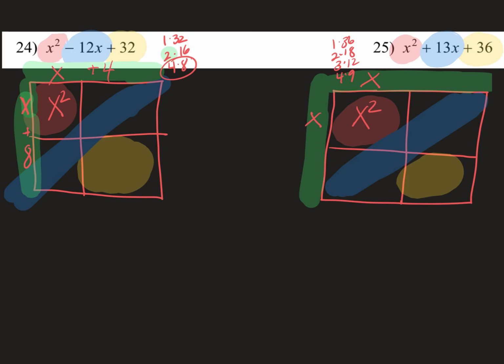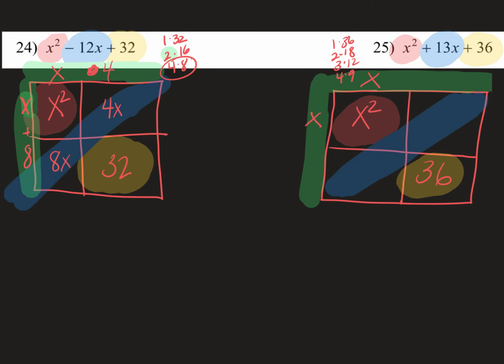Okay, and so 4 times x is 4x. Oh, I forgot. X times 8 is 8x, and 4 times 8 is 32. I forgot to put 36 here. Okay, so 8x plus 4x, is that negative 12x?